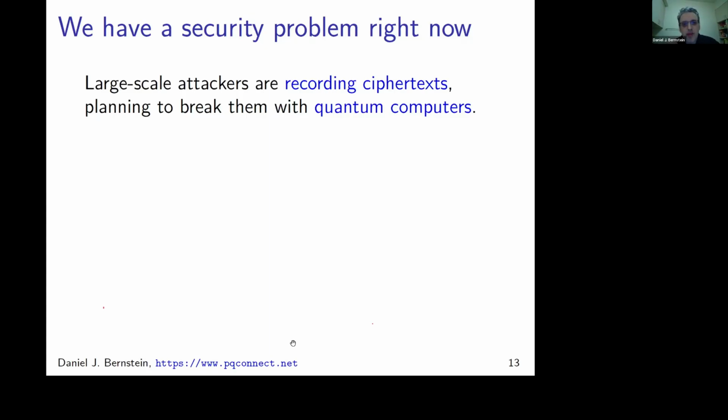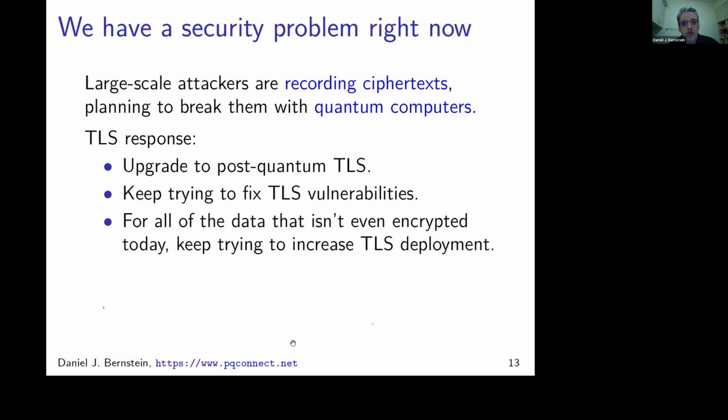Now, of course, when you ask people what we should do about this, it's pretty clear what the answer looks like. TLS says, all right, for dealing with quantum computers, we want to upgrade from, say, elliptic curve crypto to some post-quantum system plus elliptic curve crypto.